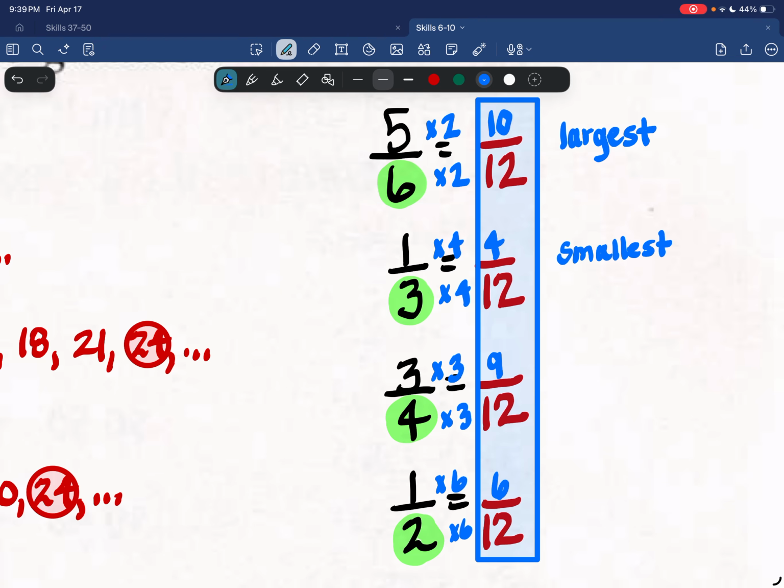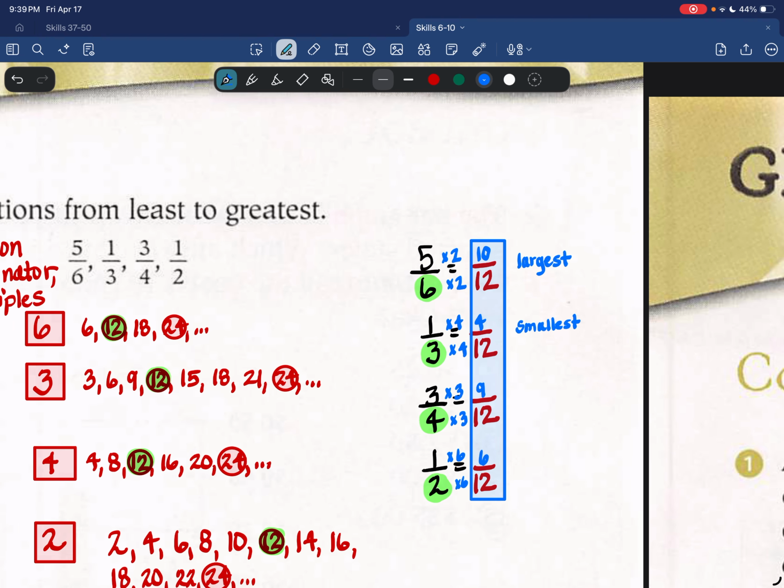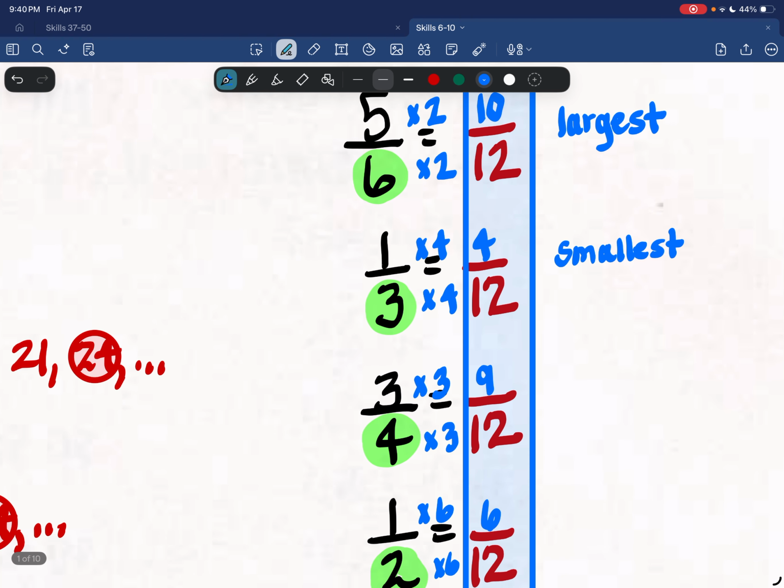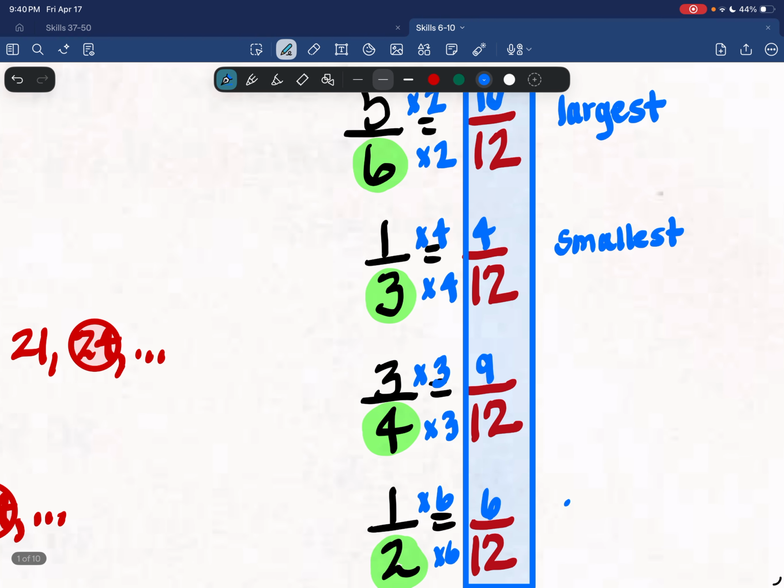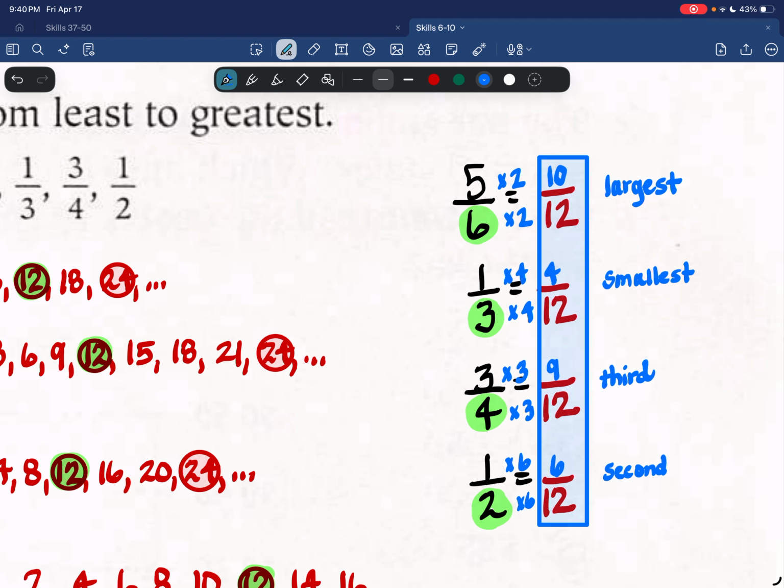So if you're starting with smallest, is that what they told us to do? Least to greatest, yes. So smallest, this would be the second one. This would be the third one. And then the largest would be the 10/12.